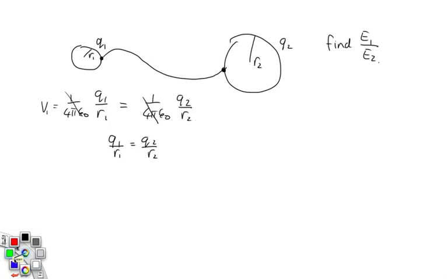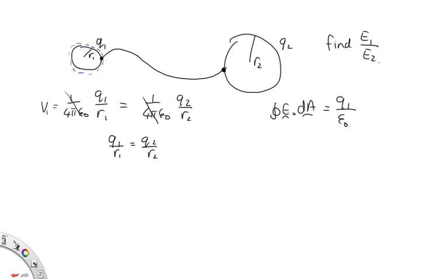Remember, to find the electric field we just use Gauss's law, and we'll choose a surface just outside the sphere. So there's our surface that we'll use, and then Gauss's law tells us that the integral of E dot dA is equal to the enclosed charge, which in this case is Q1 over epsilon naught.